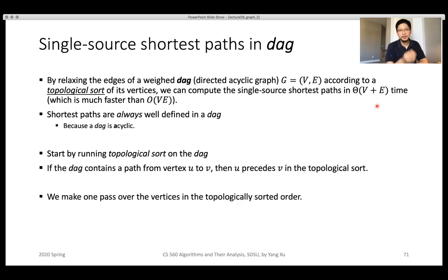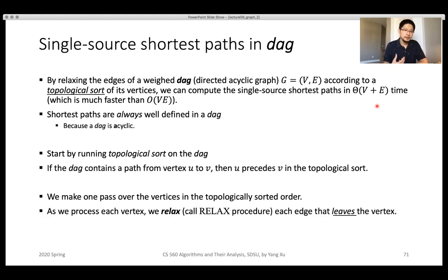What we will do next, based on the topological sort result, is make one pass over all the vertices in the topologically sorted order. As we process each vertex, we simply call the relax procedure. Remember we have a relax helper procedure, which is quite simple, with just 3 lines of code and one if condition.